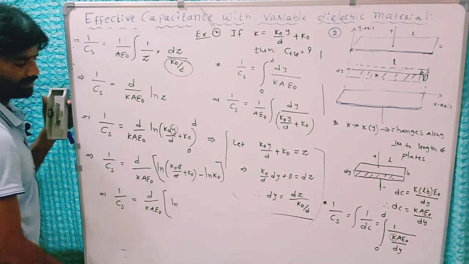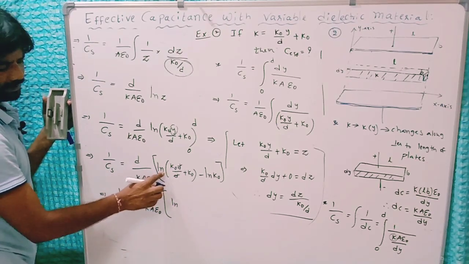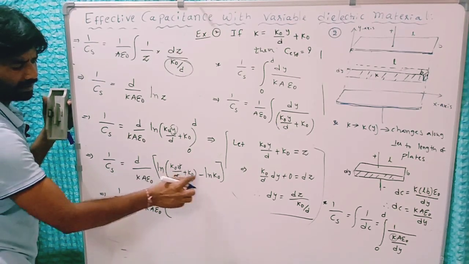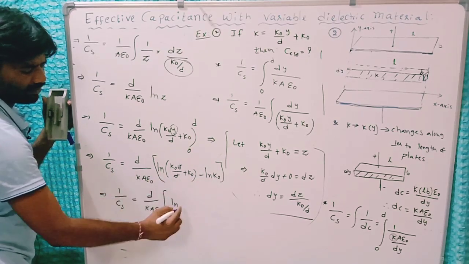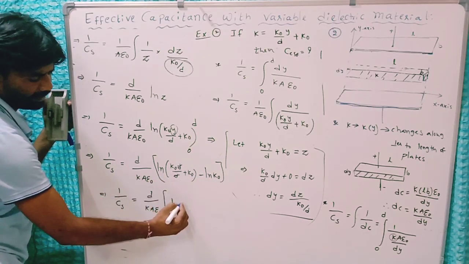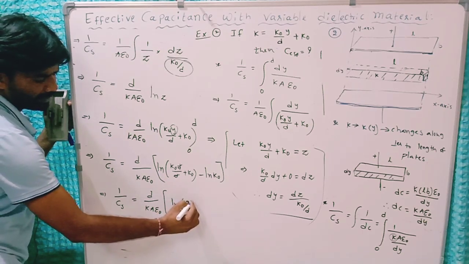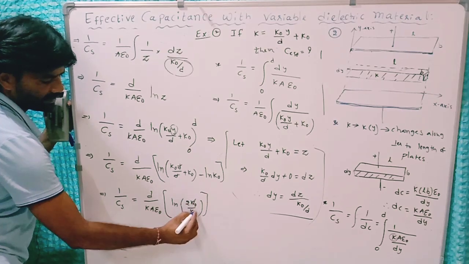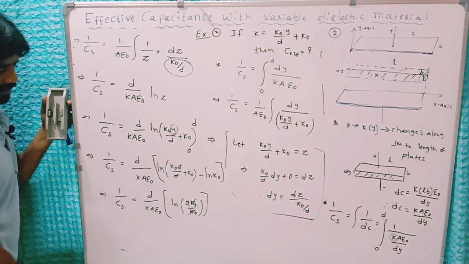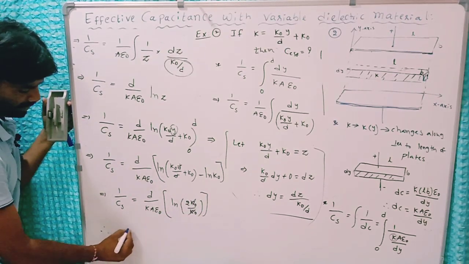so it gives ln 2 K naught minus ln K naught. You can write log a minus log b gives log a by b: log 2 K naught by K naught. This cancels. Now I am writing the final equation.